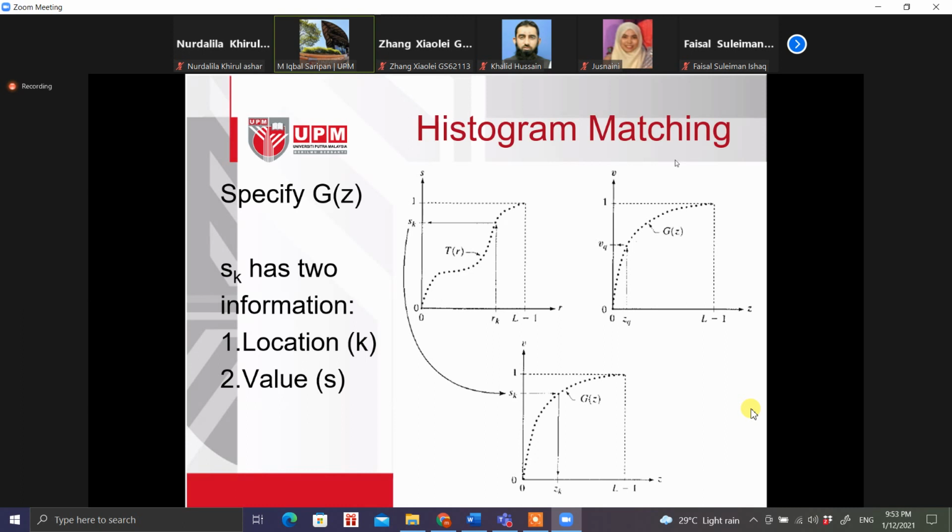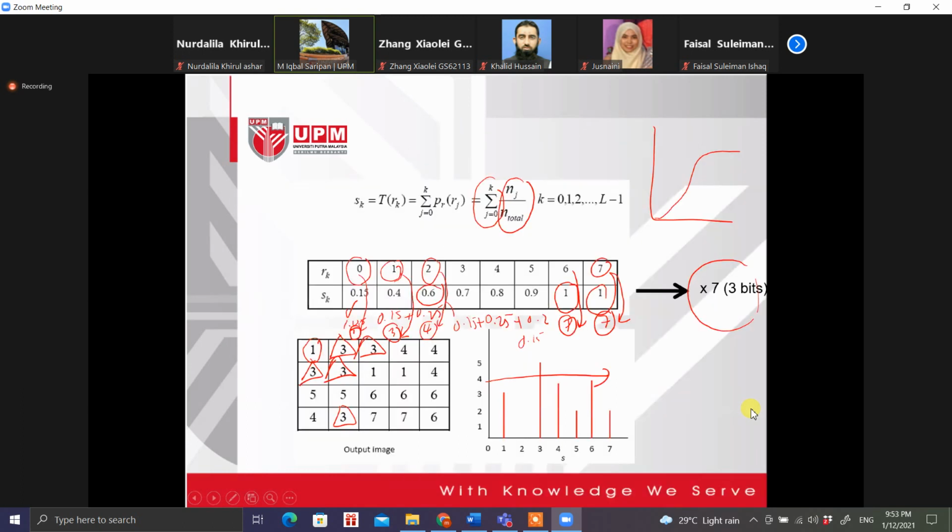Just now, the way that I decide the new value of the histogram is just by multiplying with 7, for 3 bits.